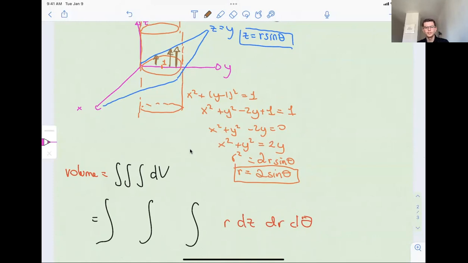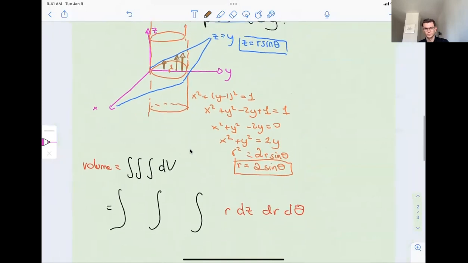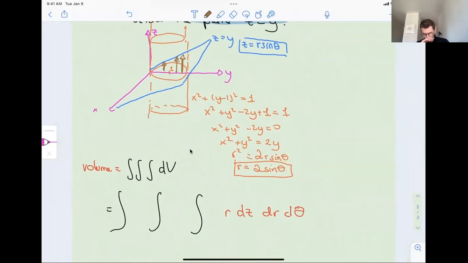So where do the arrows begin? What's the first bound for the arrows? They start on the XY plane, right?